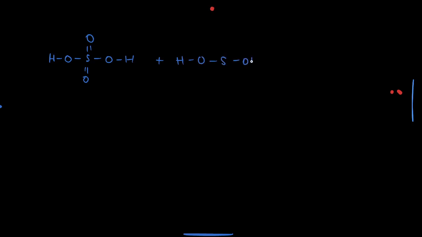we can see that one of these sulfuric acid molecules is going to serve as a source of protons for the other. So we're able to protonate one of our sulfuric acid molecules from the other. So we can see the electrons here, the lone pair on this oxygen is going to go on to attack this hydrogen, which causes this bond to break, allowing us to protonate our OH.